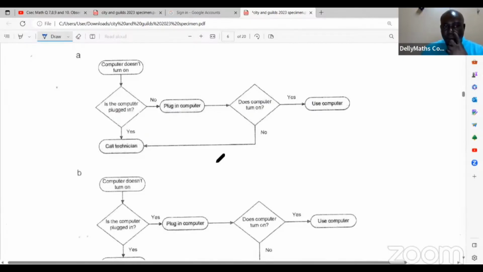So this is incorrect. If the computer is plugged in, yes, okay, call the technician. This sounds good. No, plug it in. This sounds good too. So if it's a no, I plug in the computer. Then it says, does the computer turn on? Yes, use the computer. No, call the technician. A sounds good.